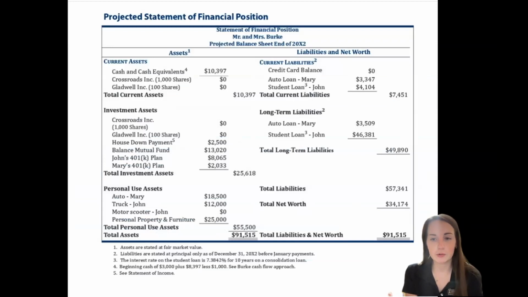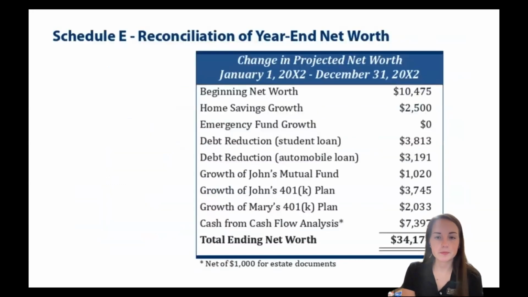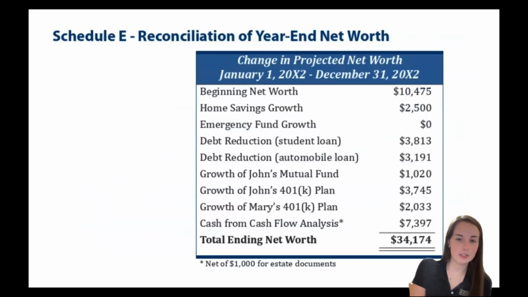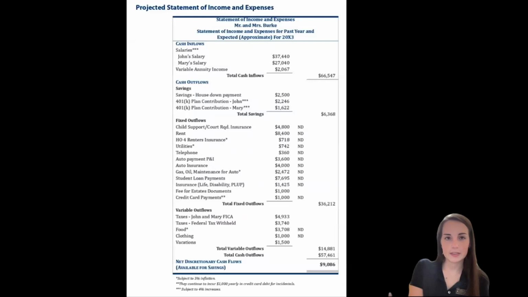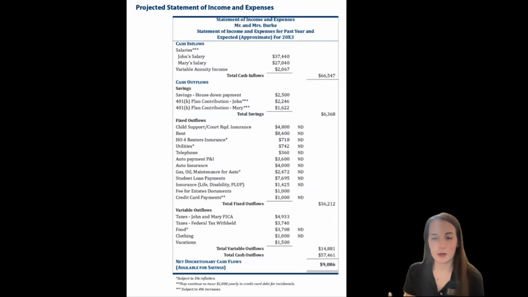So obviously you can see that it's increased your total assets and your net worth, like I mentioned it would. And this is the net worth increase we would have. And this is the projected income statement that we would have. So you would have more money for discretionary cash flows or for saving, like I stated before. We only had about $1,000, so now you would have $9,000 to save.